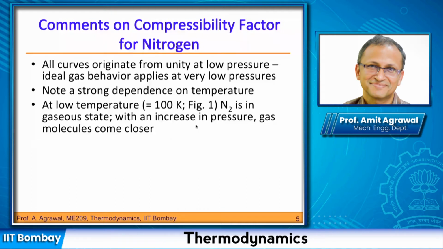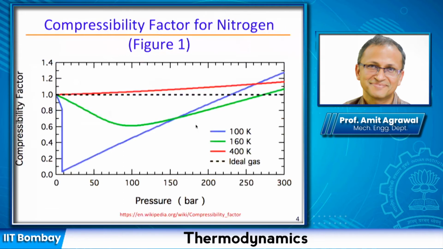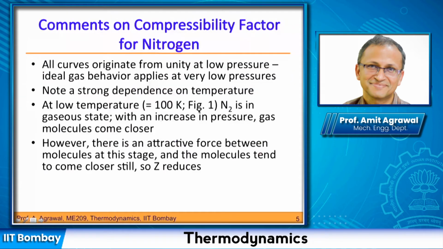So, based on the attractive and repulsive forces between molecules, we are trying to explain this blue curve, and we are essentially saying that there is an attractive force between the molecules for these conditions at 100 Kelvin, and the molecules tend to come close to each other.